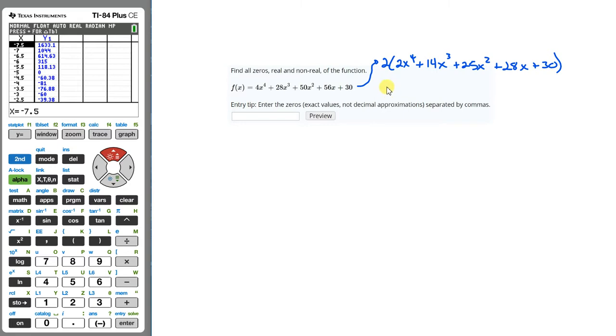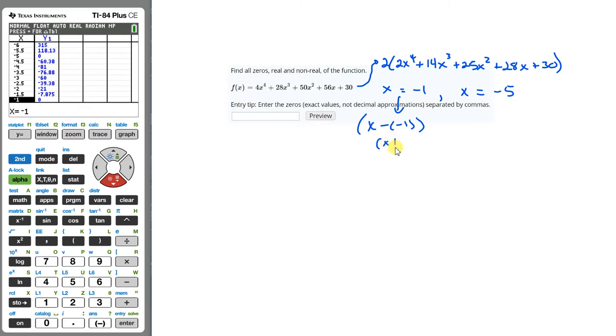And then we found that x equals negative 1 and x equals negative 5 were zeros. Okay, just double checking here. There's the negative 5, the negative 1, yep. So therefore x minus negative 1 is a factor, which means x plus 1. And x minus negative 5 is a factor, which means x plus 5.